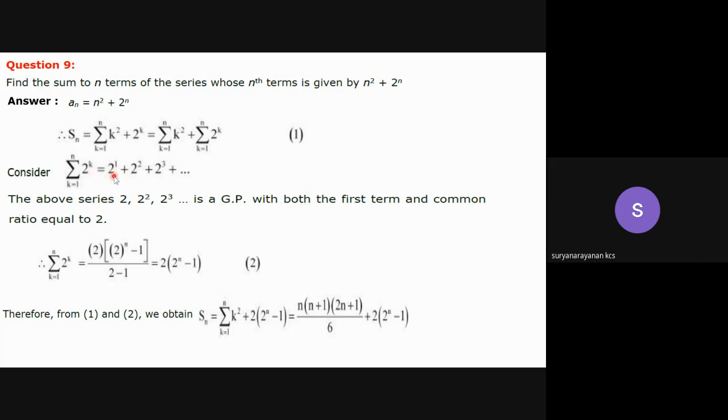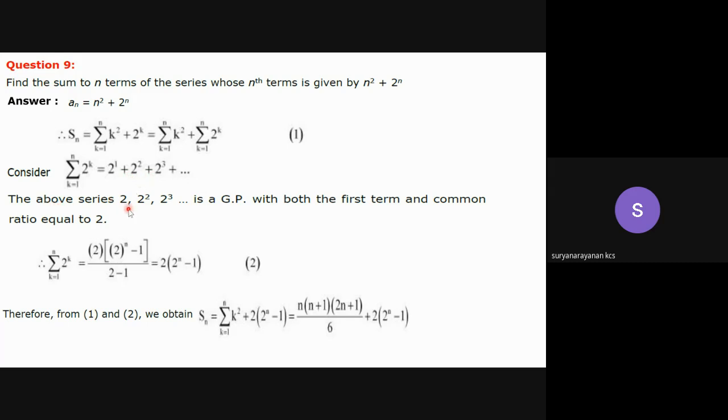Then we get these terms, 2 power 1 plus 2 square plus 2 cube plus and so on. Understood? This is series, my dear children. By substituting the k values in this term, we get 2 power 1, 2 square, 2 cube, 2 power 4. Since it is a sigma notation, we are substituting plus symbol in between the terms.